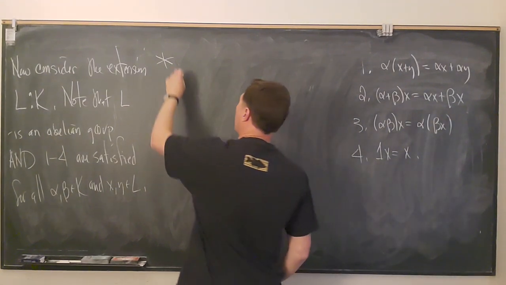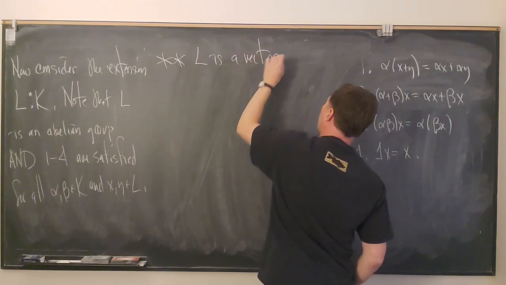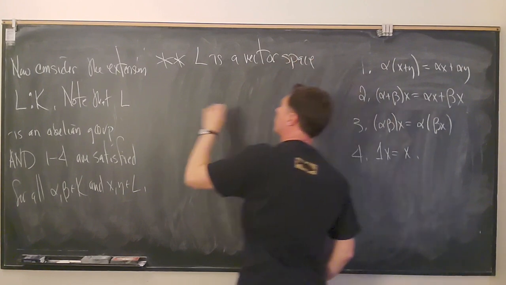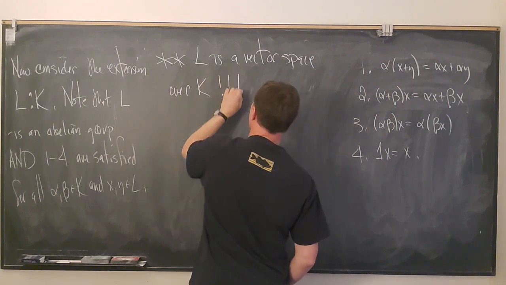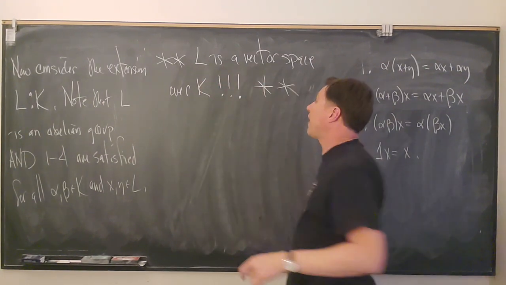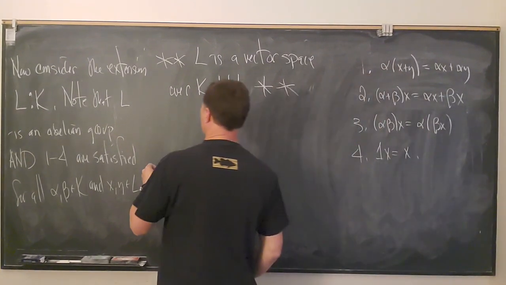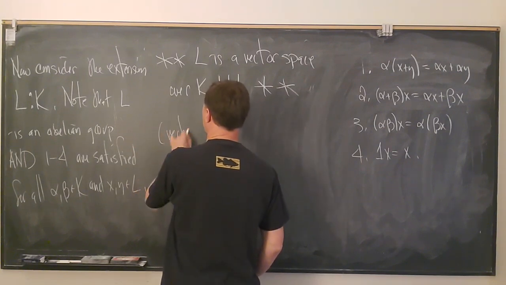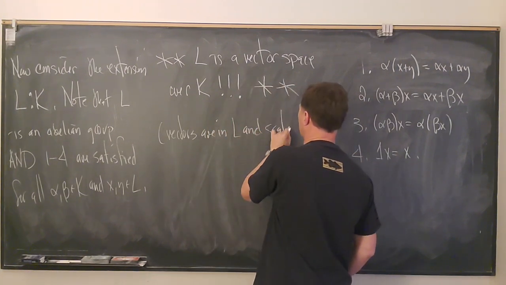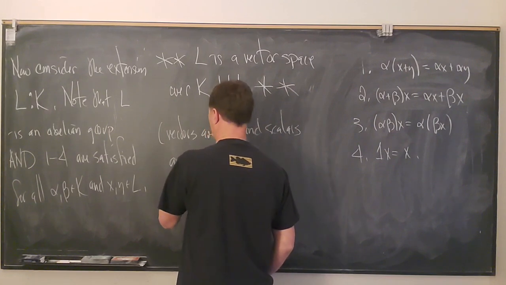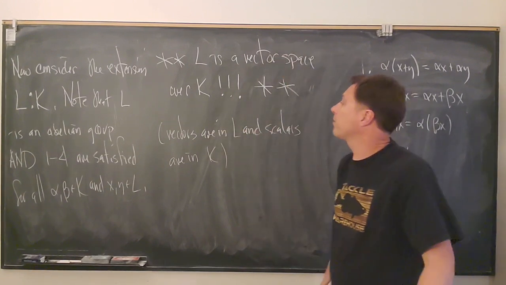L is a vector space over K. The vectors are the elements of L. The scalars are the elements of K. So vectors are in L and scalars are in K. This is an amazing fact, even though it's pretty easy to verify.